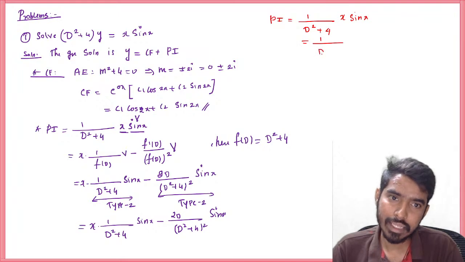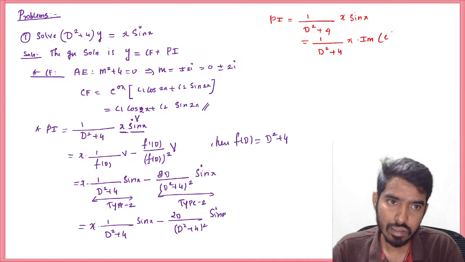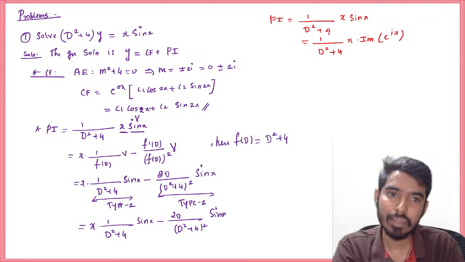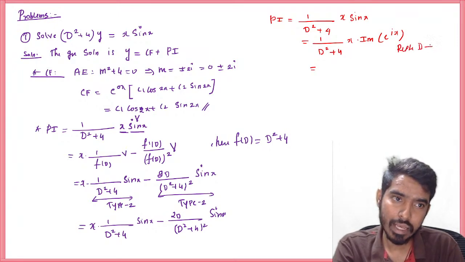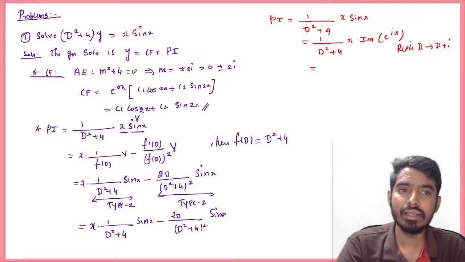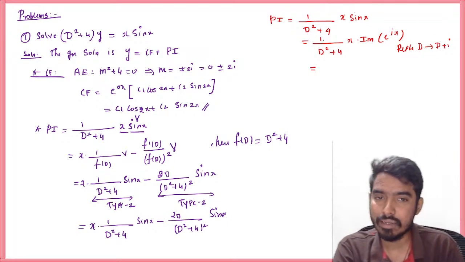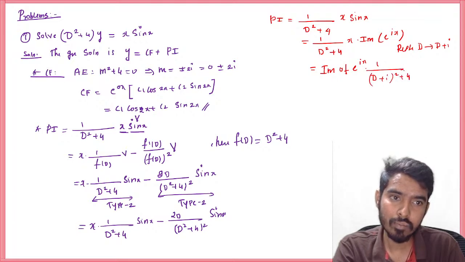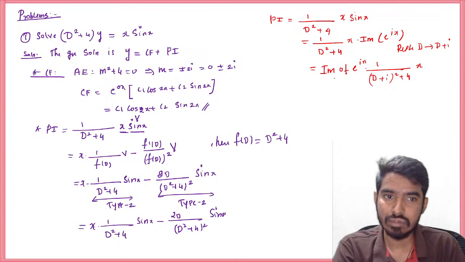I can write this sin x as imaginary part of e power ix, right? I'm going to write sin x as imaginary part of e power ix. So replace D by D plus i, because in e power ax, a is i here. So this imaginary part of, so e power ix, you can take that outside. 1 divided by, replace D by D plus i, so D plus i whole square plus 4 of x, right?